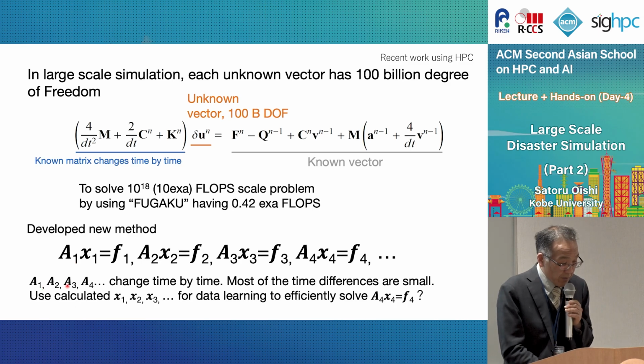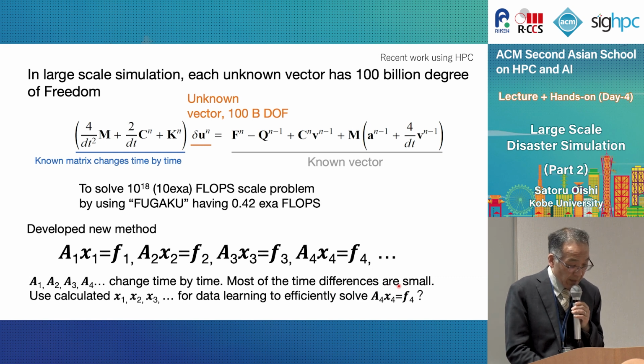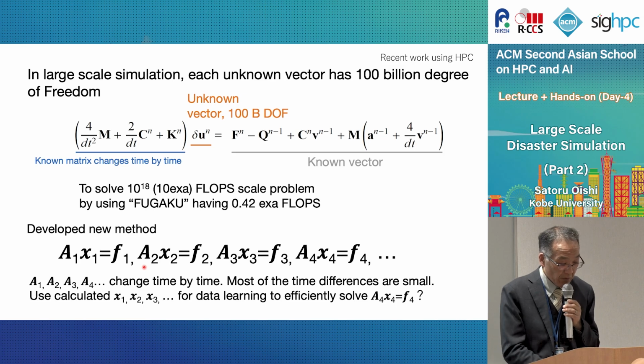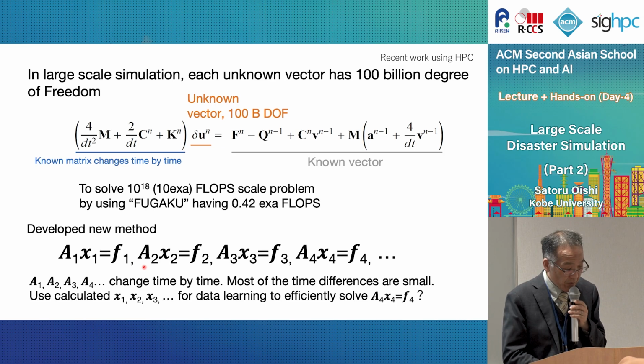So A1, A2, A3 change time by time. Most of the time differences are small. So they use that A1, F1 for deep learning to get a better X.